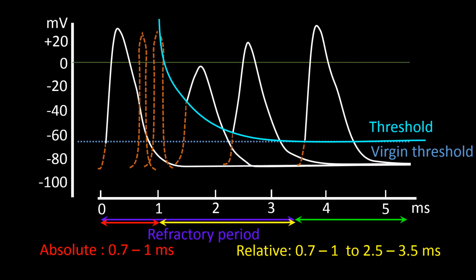During the relative refractory period, a stimulus of sufficient intensity can trigger an action potential, but it will be of lower amplitude and longer duration. This period ends when the amplitude and the latency of the action potentials triggered during it become the same as the amplitude and the latency of the action potential provoked by the initial stimulus.